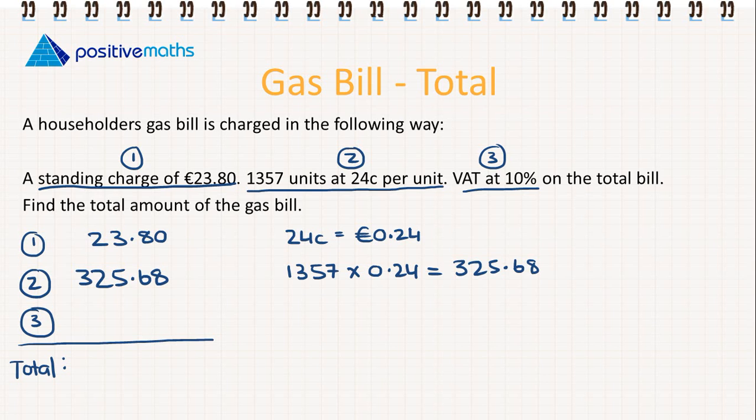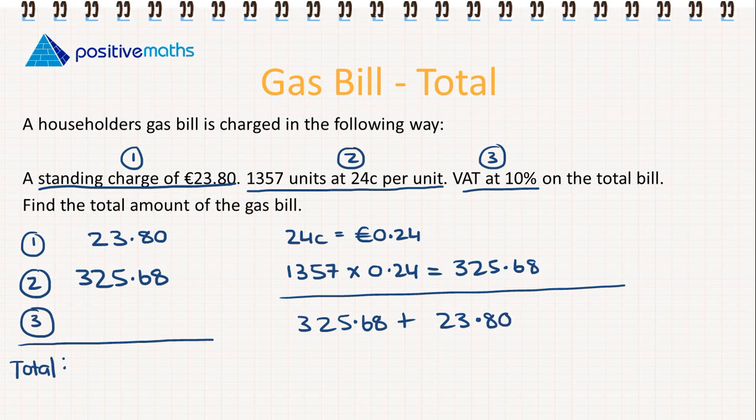Okay, the next part that we have to calculate is the VAT at 10%. So, it's the VAT on everything so far. Okay, so we're going to have 325.68 plus our standing charge, okay, is going to give us the amount that the VAT is calculated on.